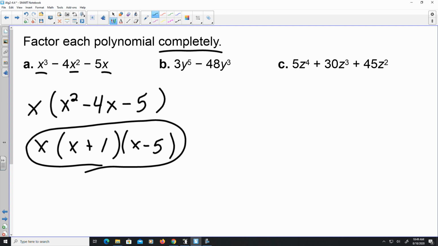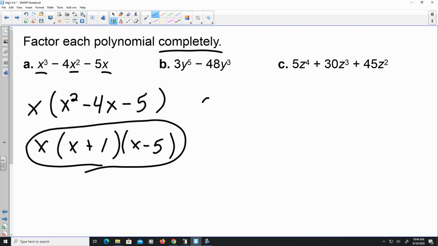Looking at B, same thing as A. Let's see if there is a term that I can put to the outside and then see if I can factor any more from there. So I have coefficients of 3 and negative 48. 3 does in fact go into 48, 16 times.